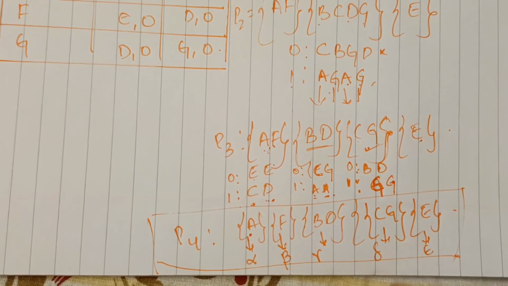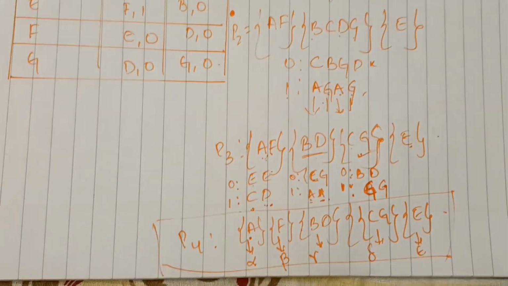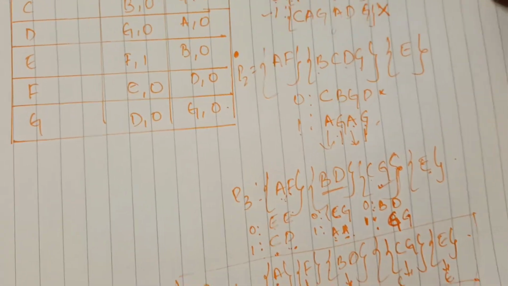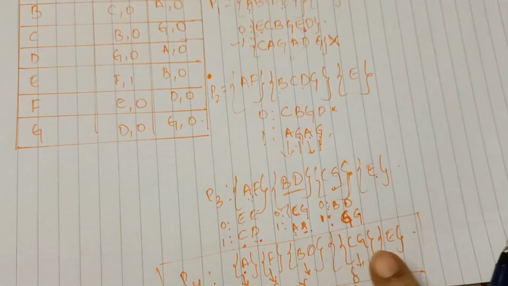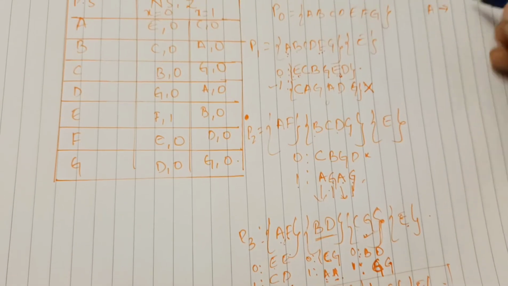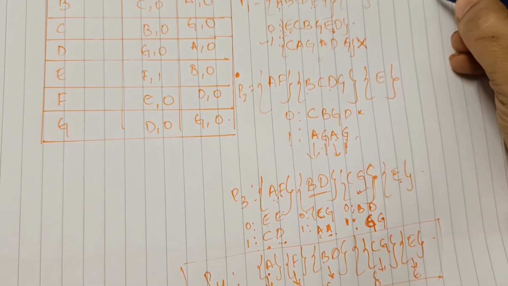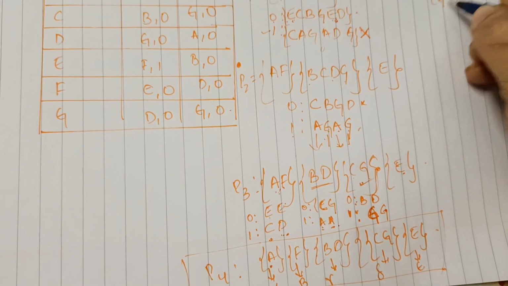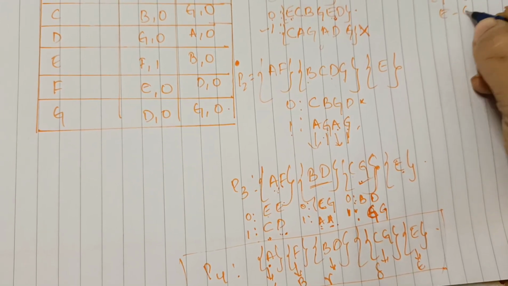Now we have to draw the reduced state table. So A became alpha, F is beta, BD is gamma, CG is delta, and E is epsilon.